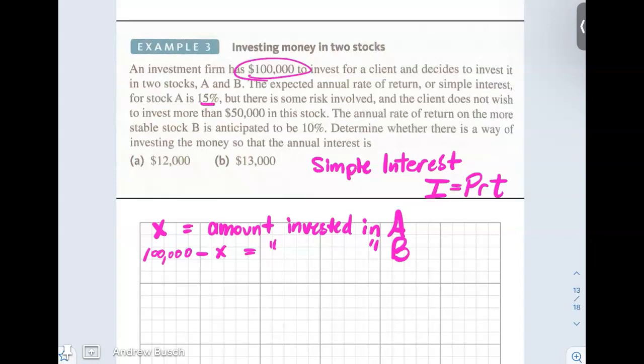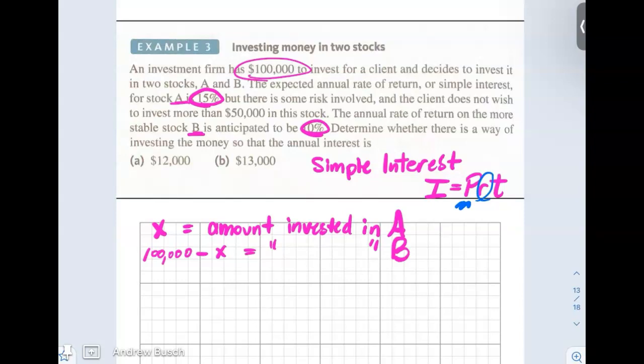Here they're saying that the rate is 15% for A and 10% for B. So that would mean we're going to take our principal amount, which we just wrote down, and multiply it by these rates as decimals.